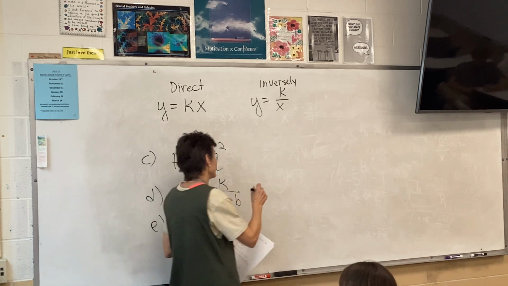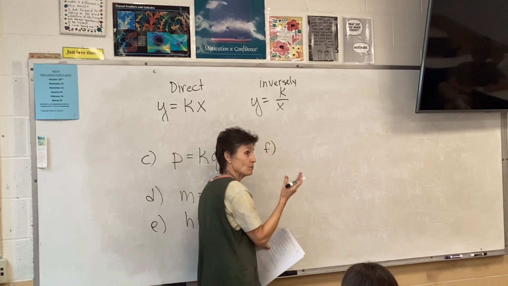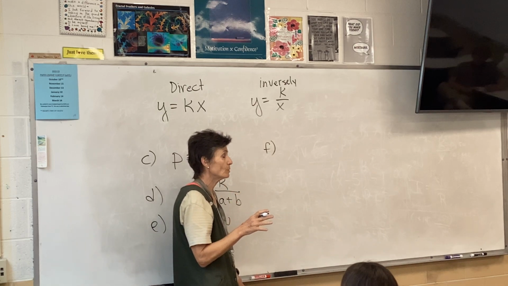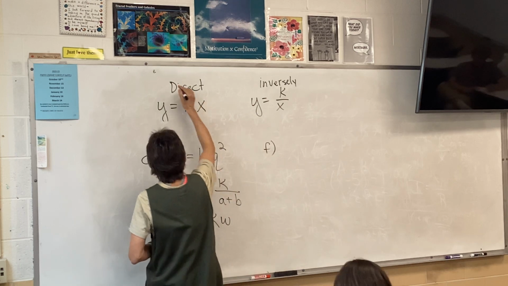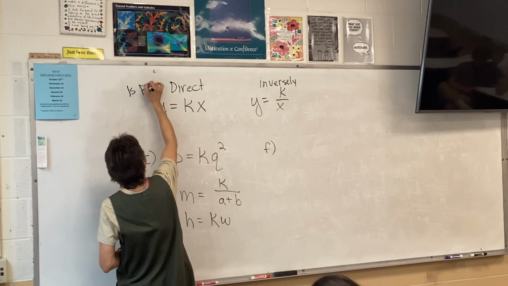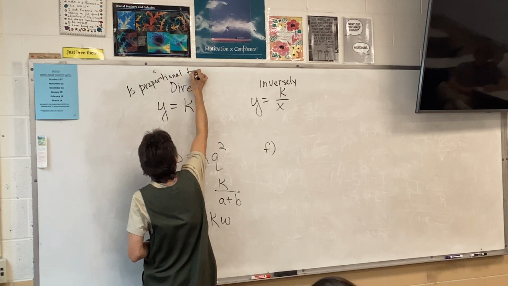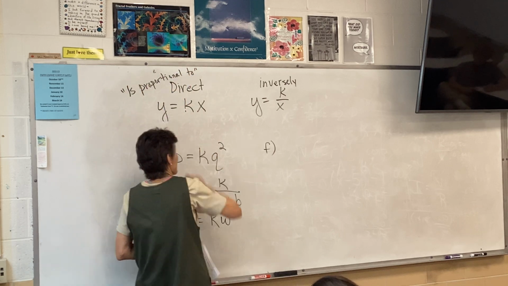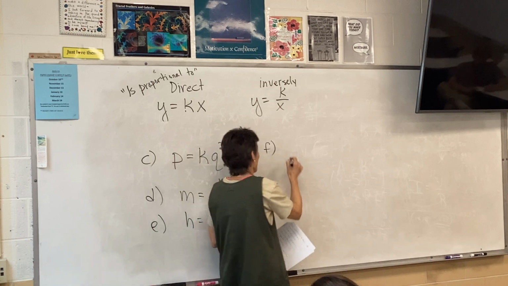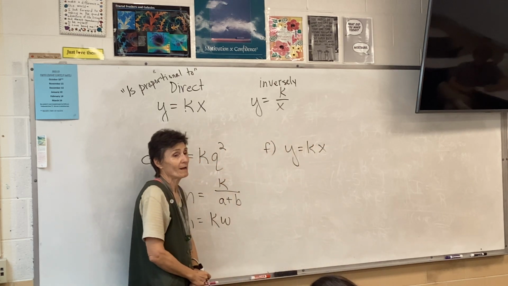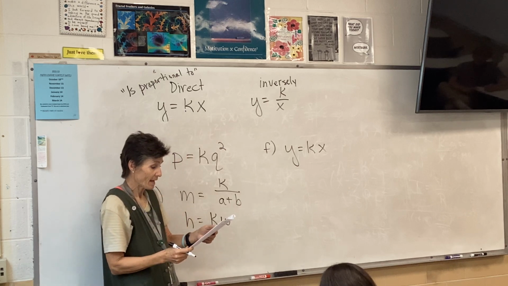And then F is a little bit tricky because it doesn't use either word. Is proportional to is the same as varies directly. So is proportional to means the same as varies directly. So Y is proportional to X means Y varies directly as X.